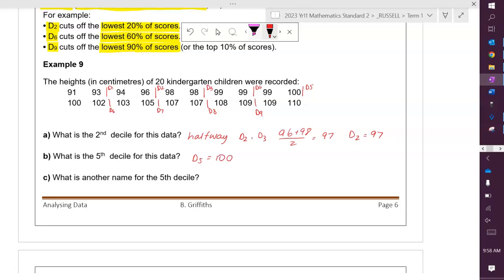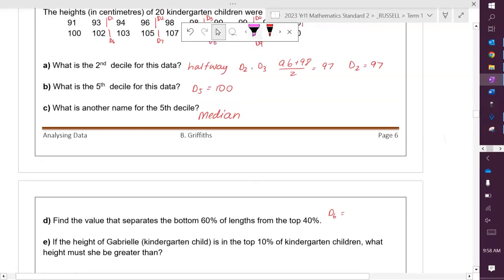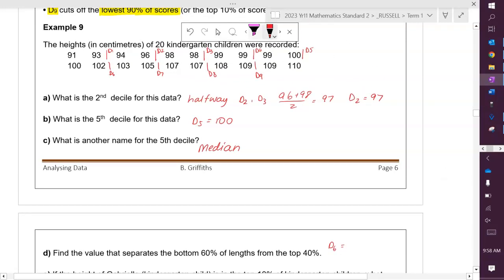And what would be another name for our 5th decile? Well, if it's the middle 50%, it's our median. We then also need to find the value that separates the bottom 60% of heights from the top 40%. So if I look at our D6, looking back at our data here, between D6 and D7 is 102 and 103.